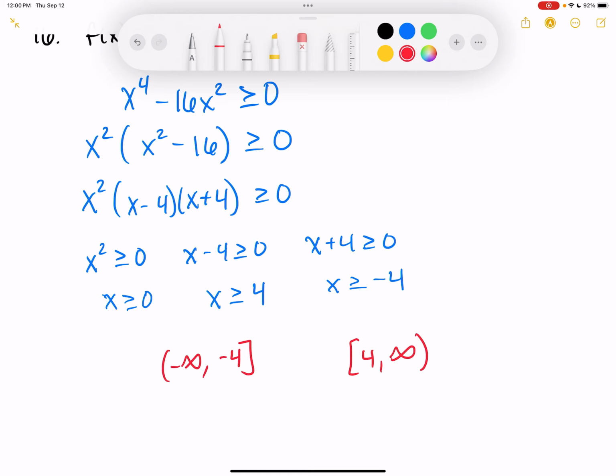Then using positive 1, it's going to be the exact same thing. So 0 is okay.